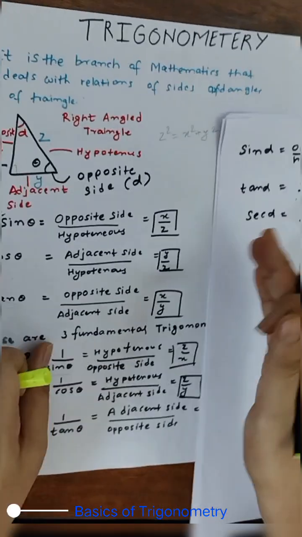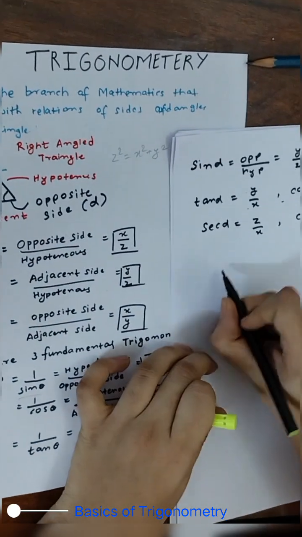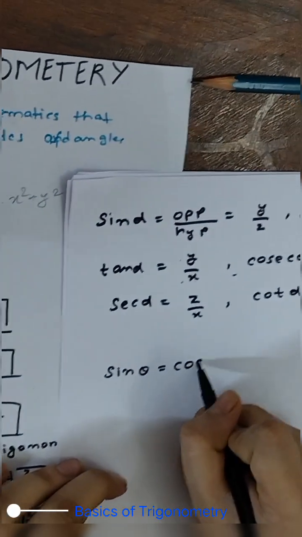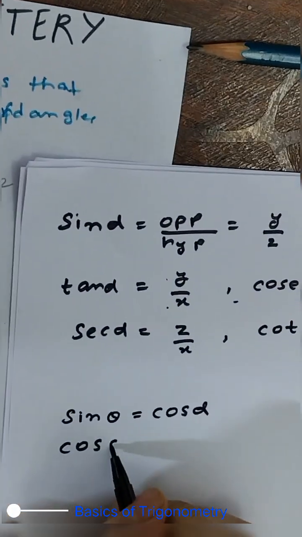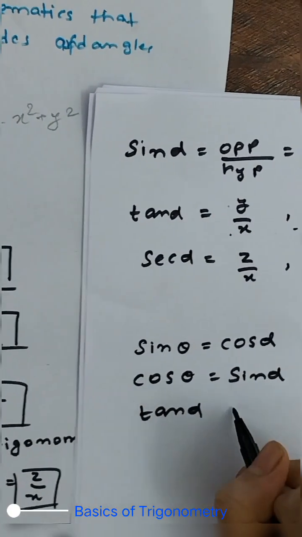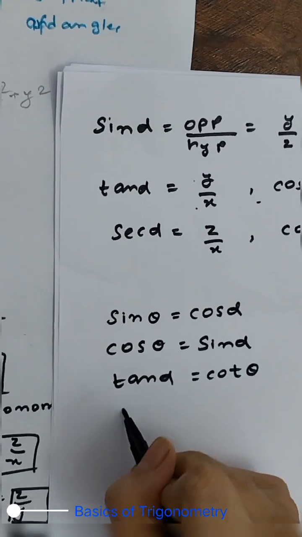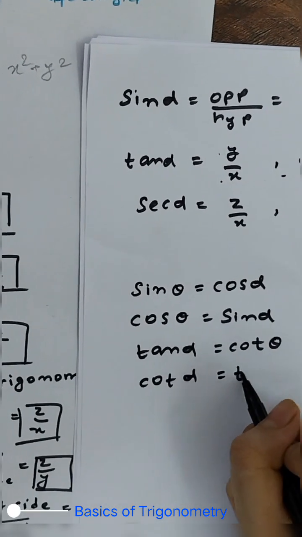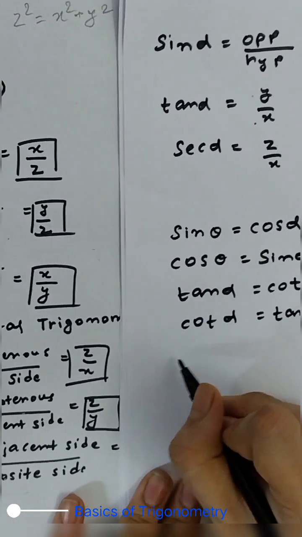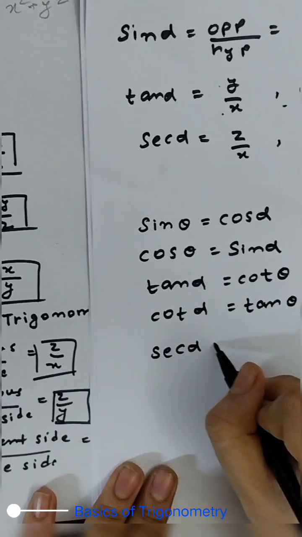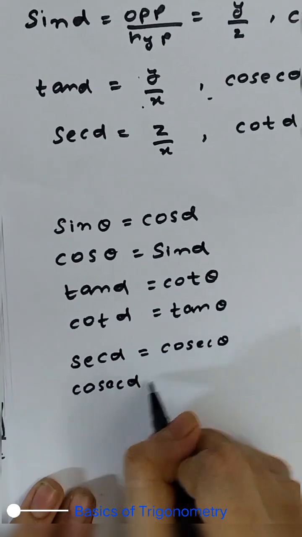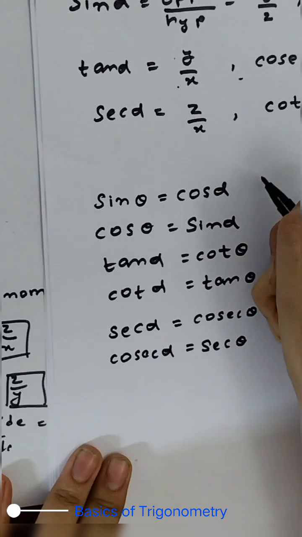Now if we compare these values, we will get certain relations: sin theta is equal to cos alpha, cos theta is equal to sin alpha, tan alpha is equal to cot theta, cot alpha is equal to tan theta. Also sec alpha is equal to cosec theta, cosec alpha is equal to sec theta. These are the relations we are getting.